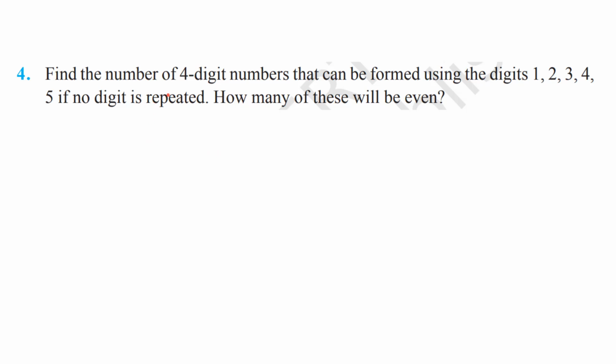Find the number of 4-digit numbers that can be formed using the digits 1, 2, 3, 4 and 5. So we have n equal to 5, 5 distinct objects, no digit repeated. Then what we have to construct is 4-digit numbers.